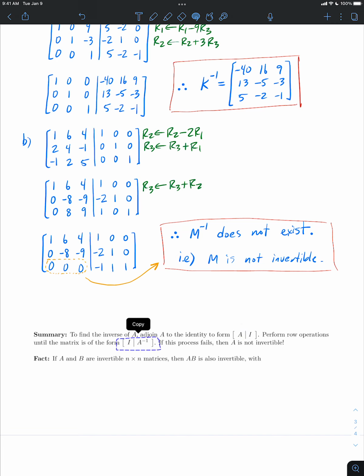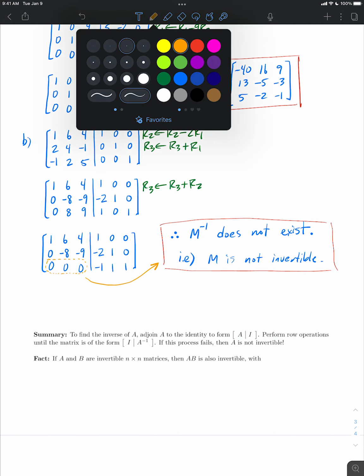If you've turned the left half into the identity, then whatever happened over on the right half, that's going to end up giving you the inverse of the matrix A. And if it's impossible to get the identity here, then the process fails, and in that case, you will just say that A is not invertible. So it's still success in that sense.